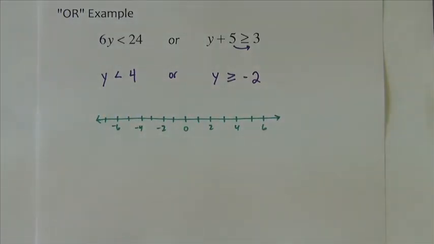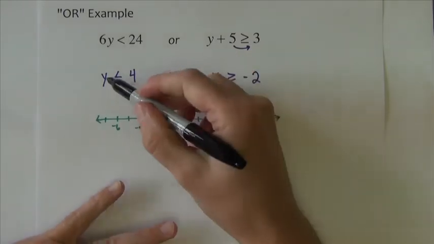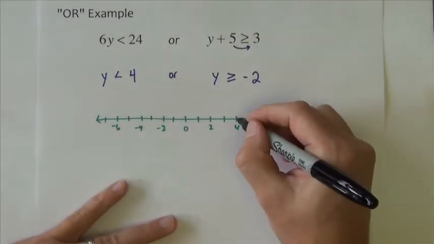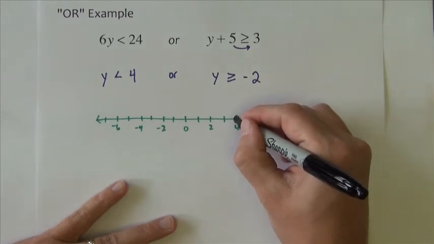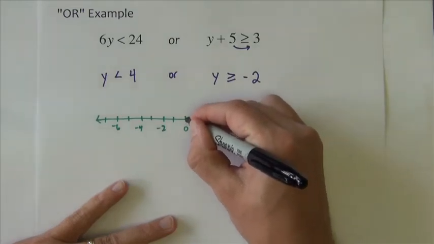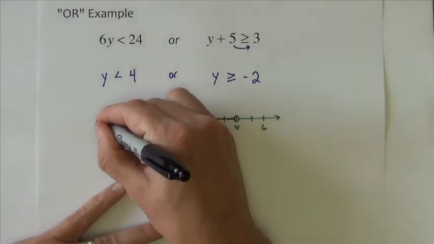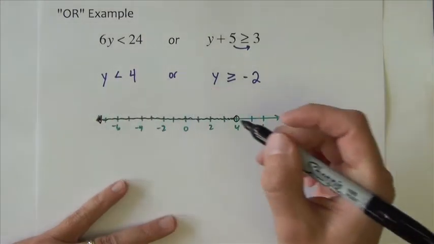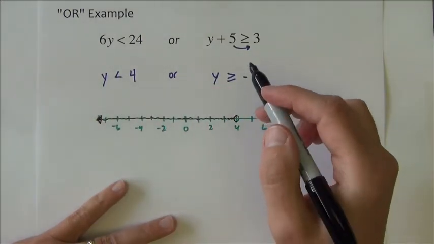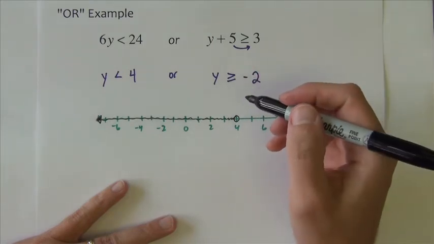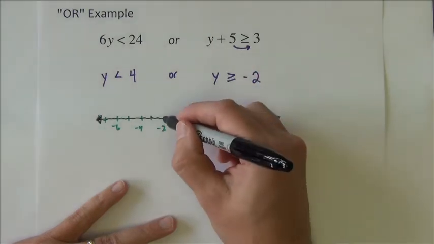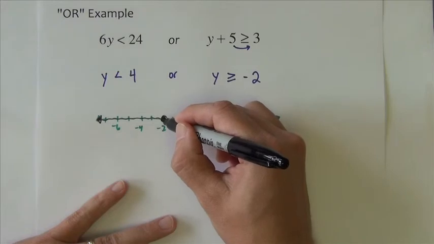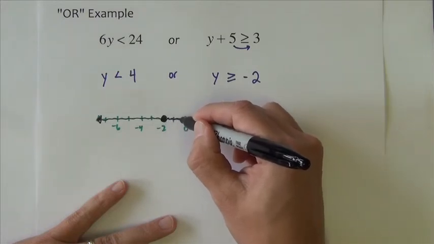Alright, so we would like to shade or show on our number line all the numbers that are less than 4. Shows that. Or all the numbers greater than or equal to negative 2. That would be these numbers.